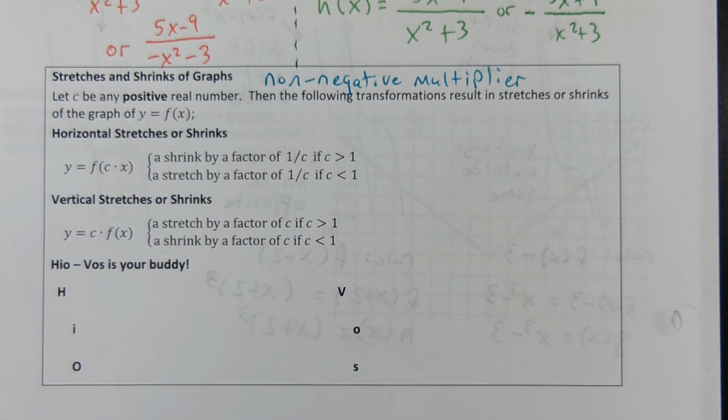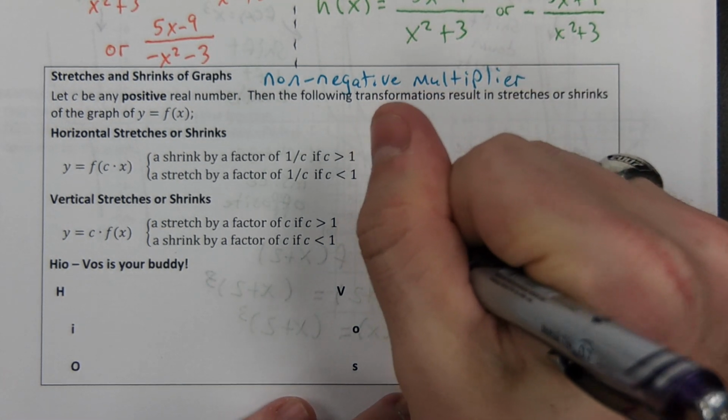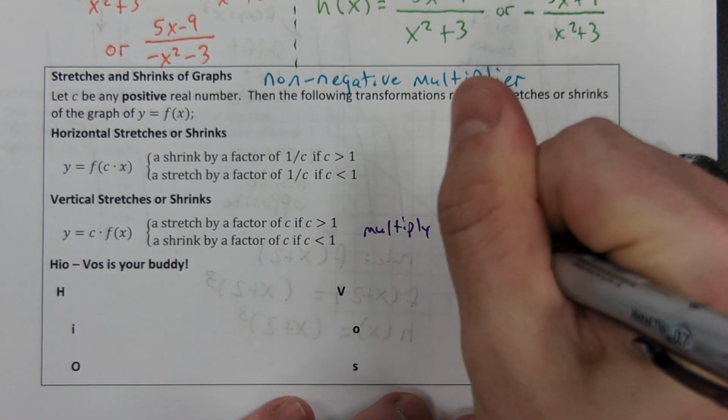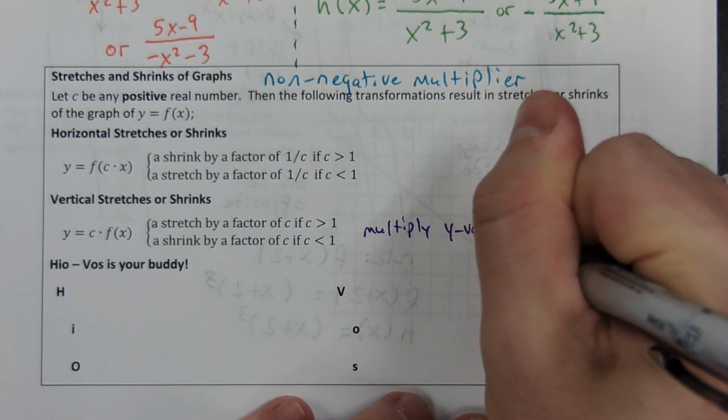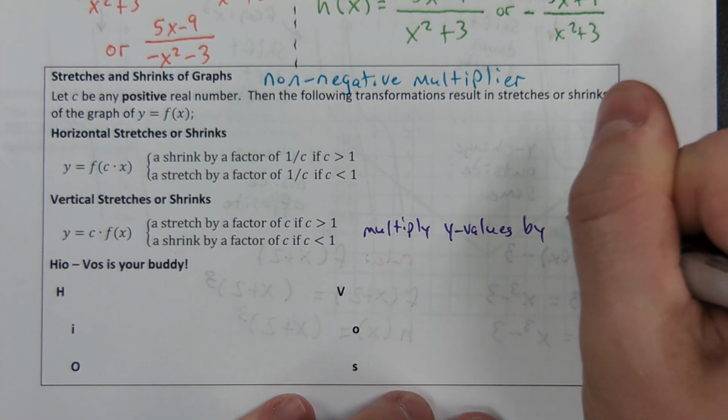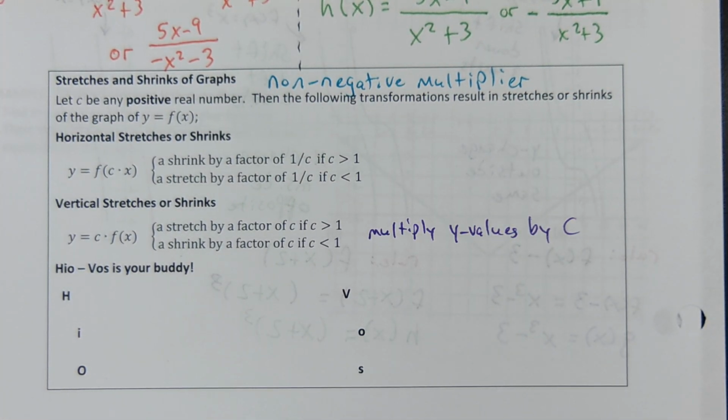So what this does is it literally multiplies your y values by whatever C is. And then you would say you have a vertical stretch, factor whatever C was. Vertical shrink, factor whatever C was.